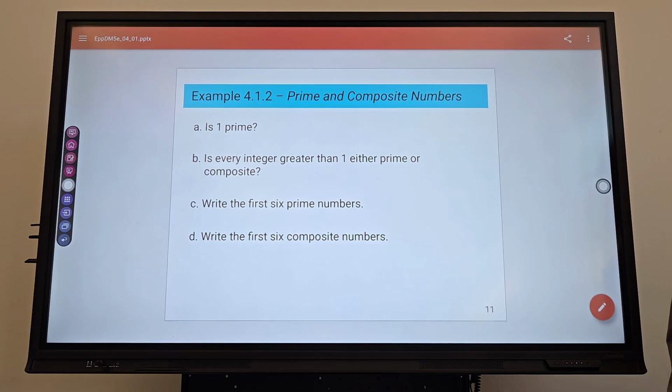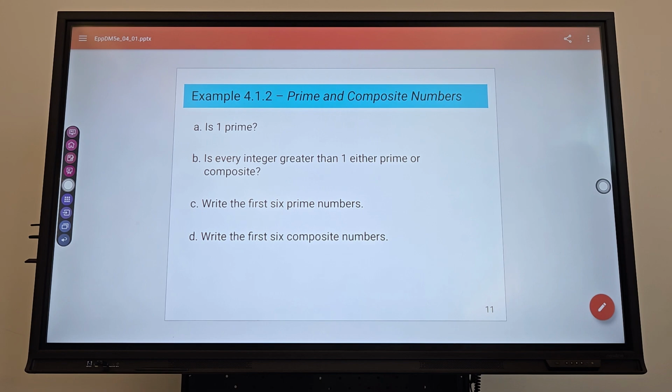2, okay, that's 1. Prime numbers: so it's 3, 5, 7, okay. One more, there you go.